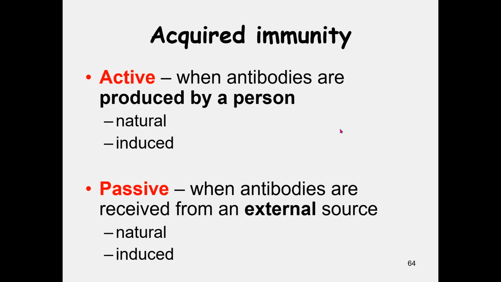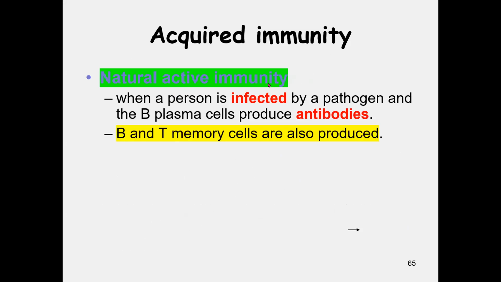Now, we have different sorts of immunity. We have active and passive. With active, we produce the antibodies. With passive, the antibodies come from outside the body. And then each of these has a natural way and an induced way. Natural active immunity is when the person is infected and we produce antibodies, what we've been talking about, and then B and T memory cells are produced.